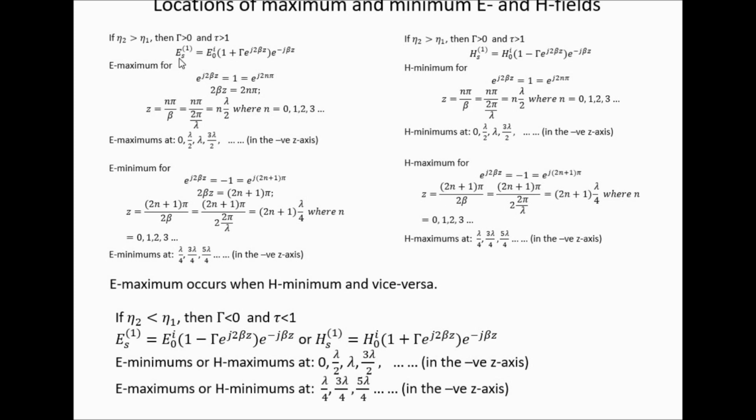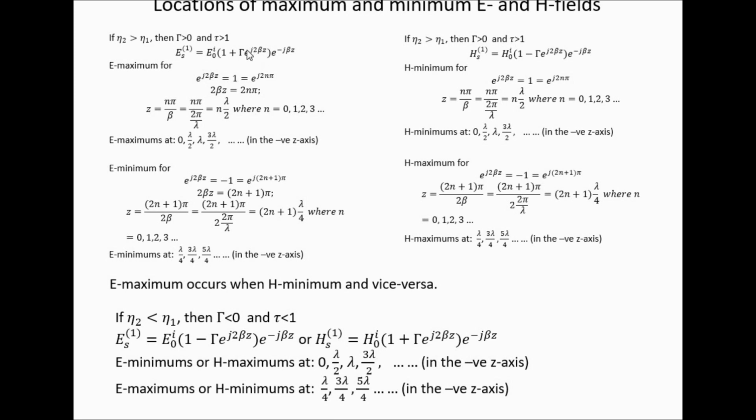So let us think we have Es1 equal to E0I (1 plus gamma e to the power j 2 beta z). I am assuming the entire thing is the magnitude and this is the propagation part. So we will get the maximum value when this value is positive 1, because we have 1 plus gamma.